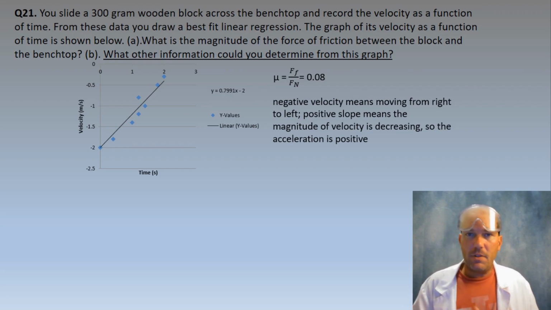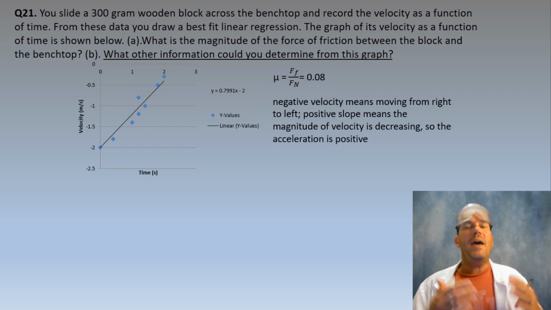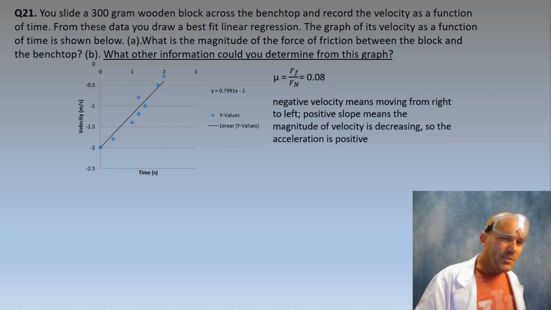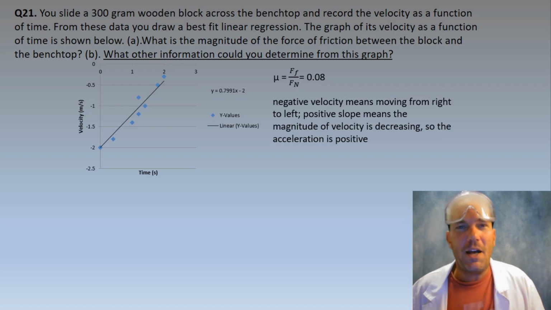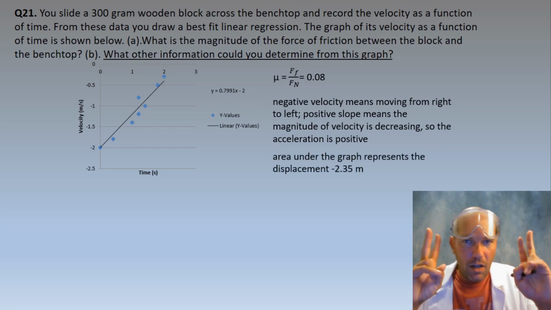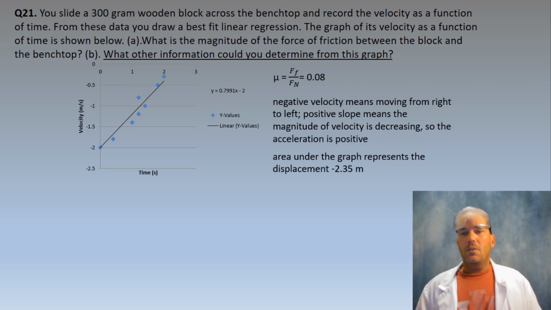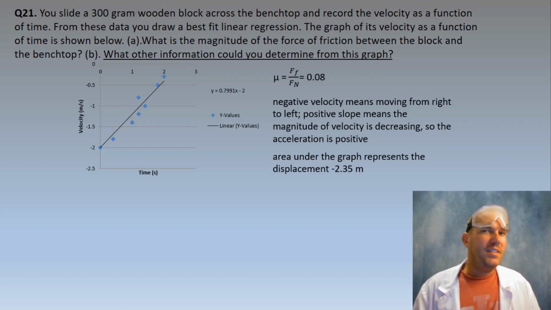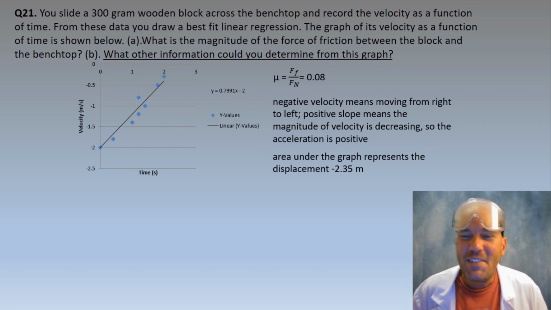We've already conceptualized and discussed the fact that that negative velocity, it's moving from right to left, and that positive slope means that the magnitude of the velocity is decreasing, so the acceleration is positive or to the right. We talked about that one already. What about the area under the graph? Okay, that represents the change in position or displacement.